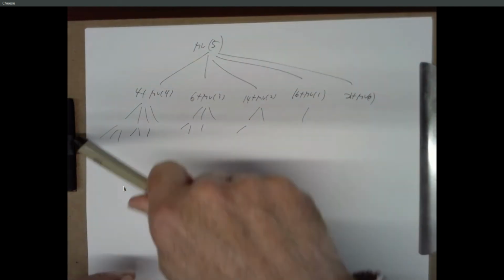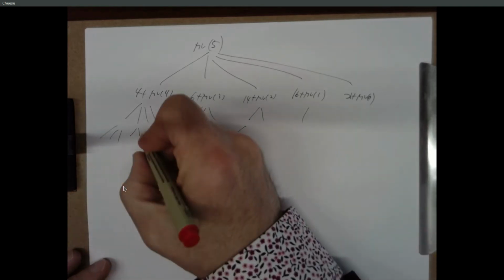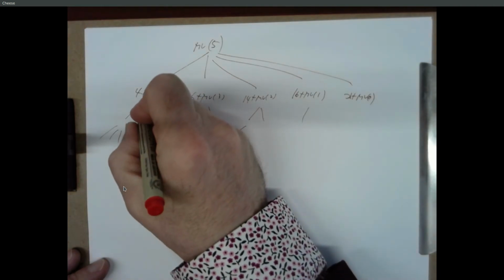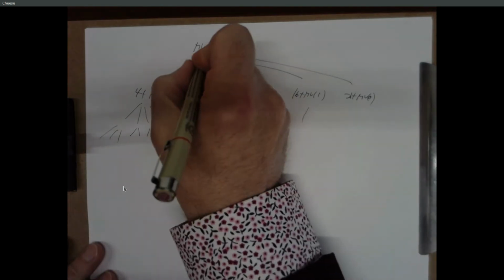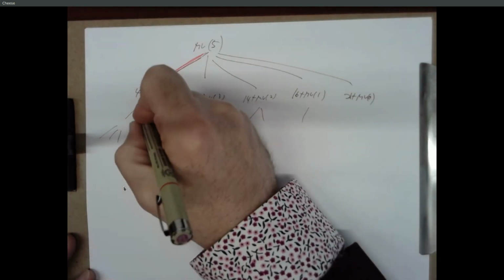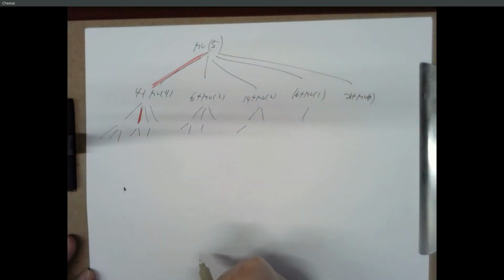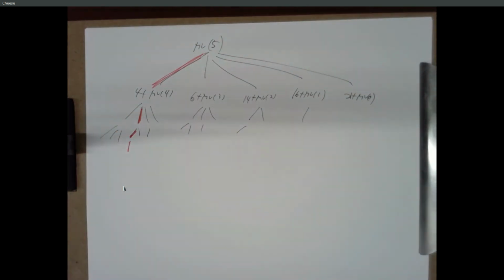Right, and so there's more branches, more levels to this tree as we continue to solve these sub-problems. In the end, you've decided that the max val of 5 comes from this branch down here, and the max val of 4 comes from this branch, and so on.